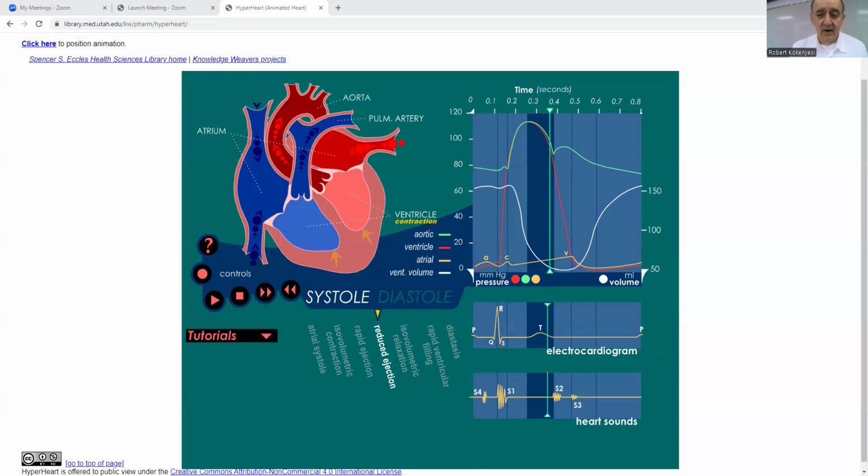The blood pressure coming out of the right ventricle is only 30 millimeter, and that's the blood pressure that goes into the pulmonary trunk, pulmonary artery. The stroke volume, the ejected volume is 70 milliliter from both ventricles.